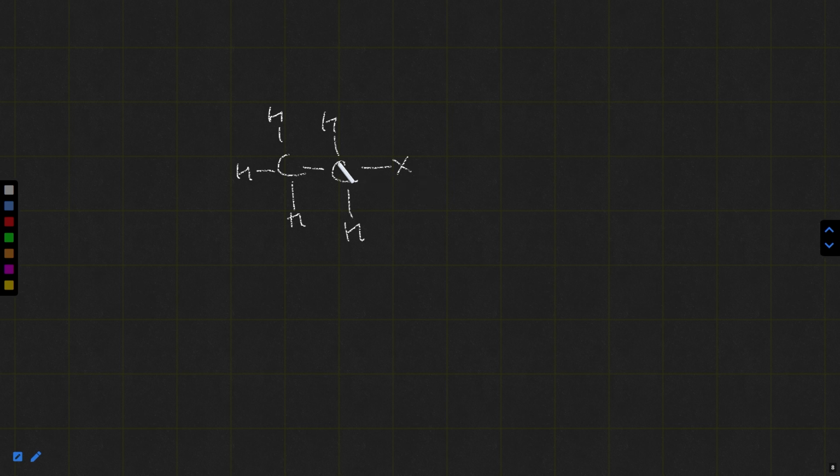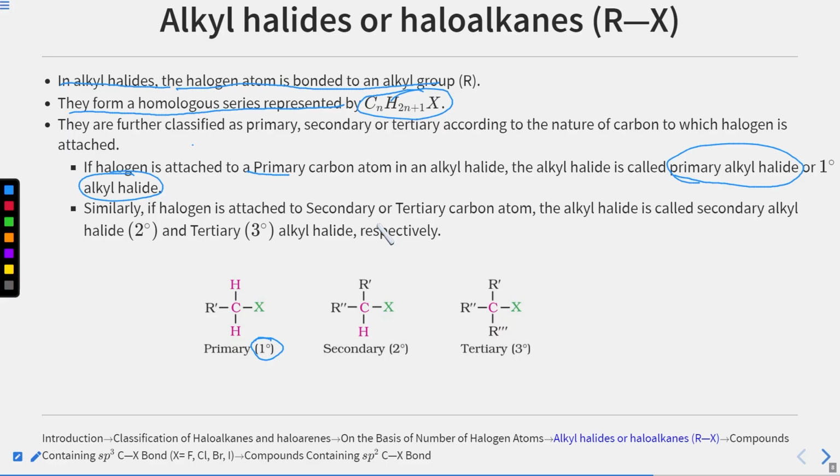So here what we have done, we have replaced one hydrogen with X, and what we got is this carbon is attached to only one carbon and the rest of the 3 spaces are occupied by hydrogen and halogen. So this is an example of a primary haloalkane.